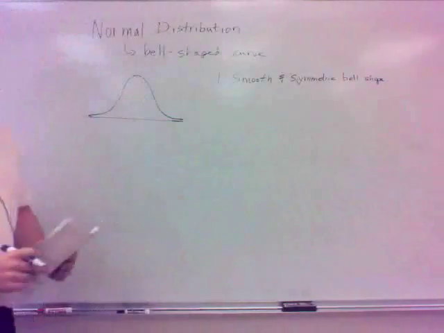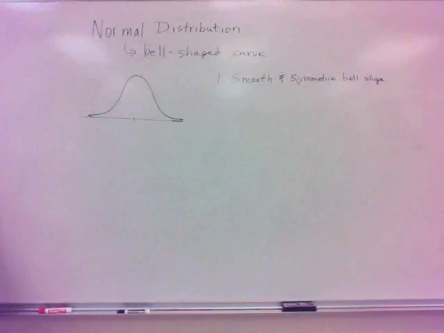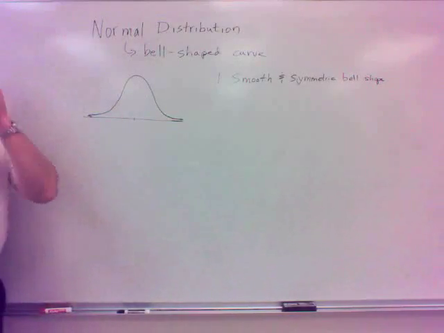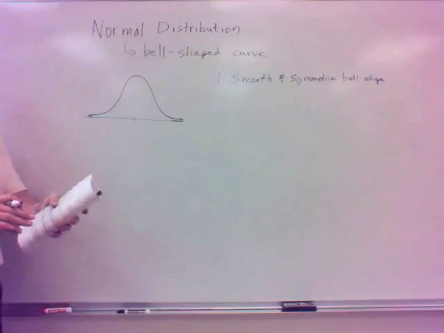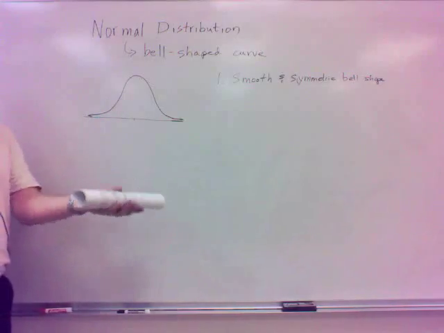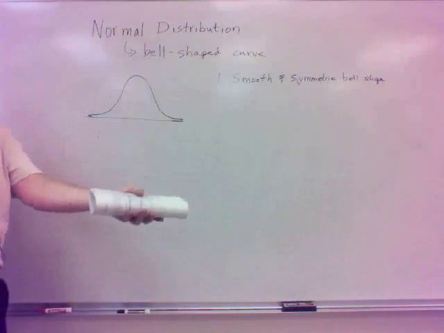It's a smooth and symmetric bell-shaped curve. Now, what do I mean by symmetric? Symmetry just means same on both sides. Same on half of it, it's the same on the other side.